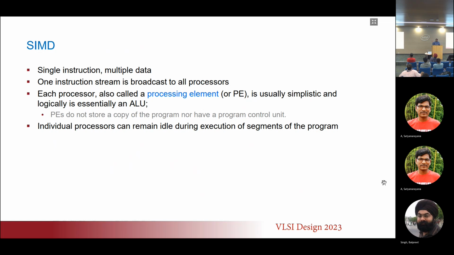So there are 3 instructions involved. But if I fetched a multiply instruction, and if I could apply that on 100 pieces of data, then I reduce my instruction fetch by 100x, right?